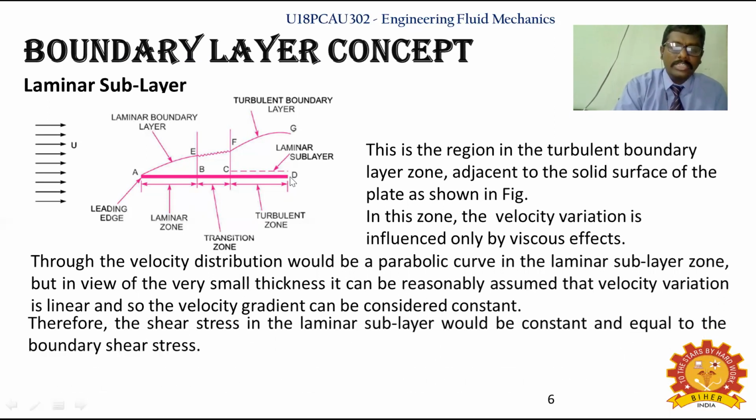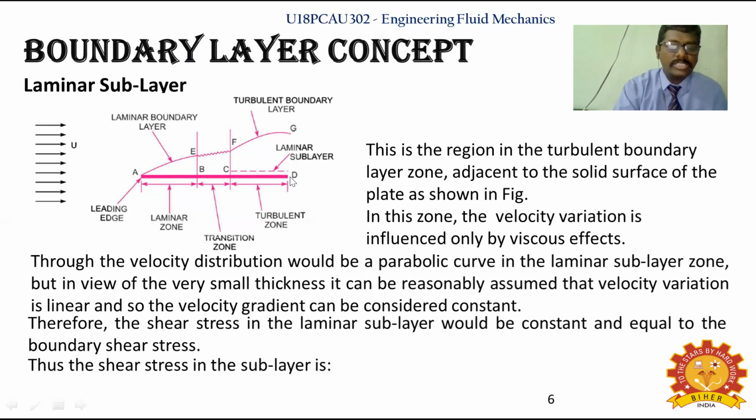Therefore, the shear stress in the laminar sublayer is also a constant, equal to the boundary shear stress, because we know shear stress is proportional to the velocity gradient multiplied by the viscosity mu, which we have seen already. So the shear stress in the sublayer is given by tau equal to mu into du by dy.